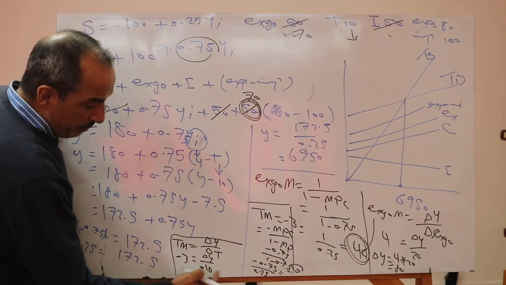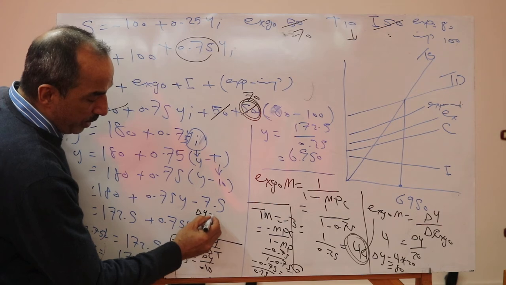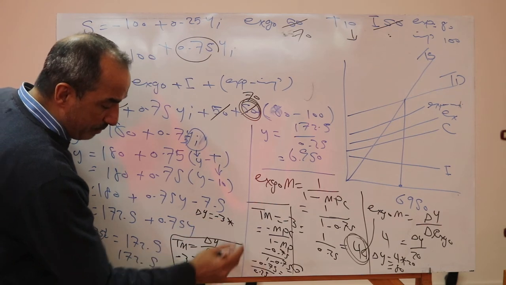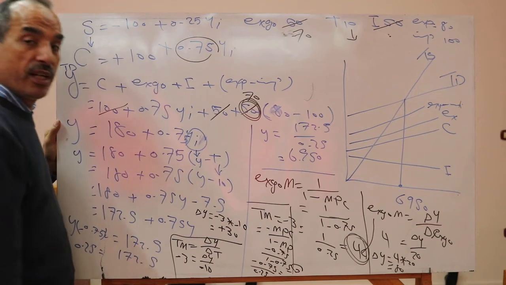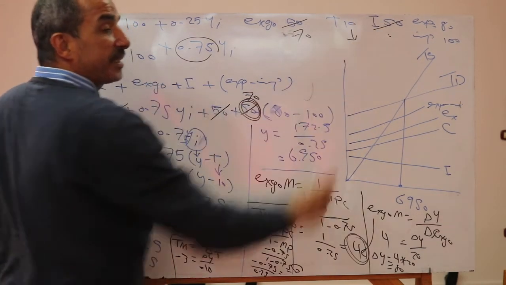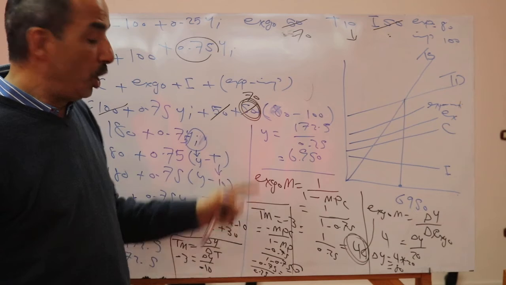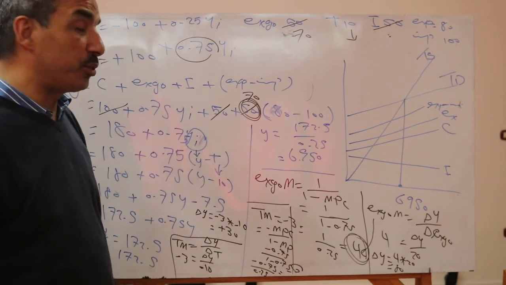Okay? Meaning change in income equal negative 3 times negative 10 equal positive 30. When we decrease the tax by $10 million, we will increase the income by $30 million.